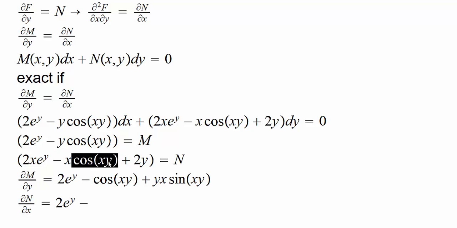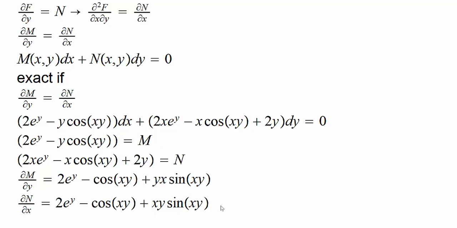The derivative of x with respect to x is 1, and then we use the chain rule on this, treating y as a constant, so that will be xy sine of xy, and that negative sign will make this into a positive, and the derivative of 2y would be 0.